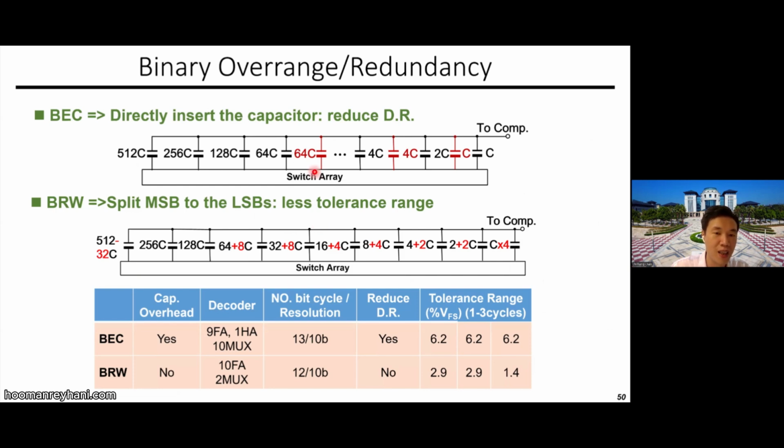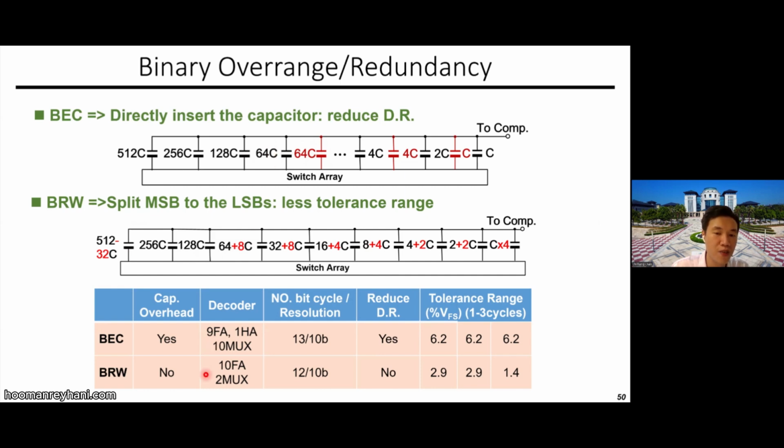One is adding a binary capacitance, and the other is breaking this capacitance, embedded with the MSB and corresponding LSB capacitance, so that you can have no dynamic range reduction. Because if you add an additional capacitance for the error correction, this capacitance will reduce your dynamic range because it will look like the parasitic here.